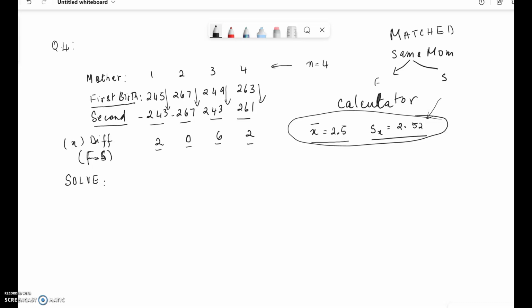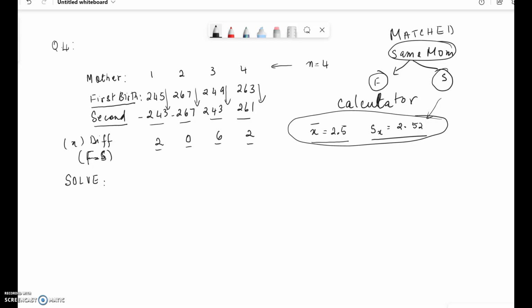Formulate is, here we are not estimating the mean, we are trying to prove something, so therefore it would be a hypothesis test. Since the same mom is used for both the numbers, right? The first and second birth gestational times. It's the same mom that is giving us 2 sets of data. So it's a matched pair problem.